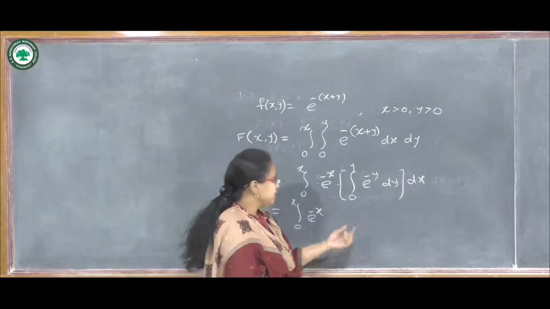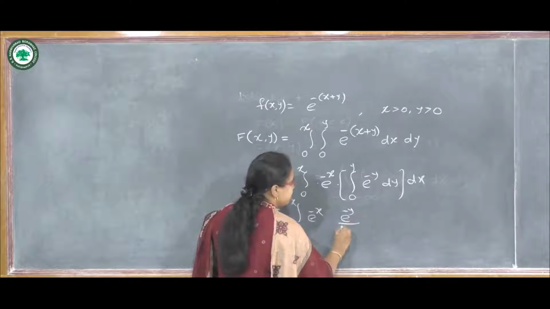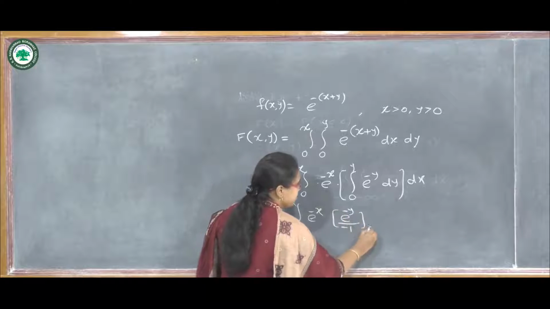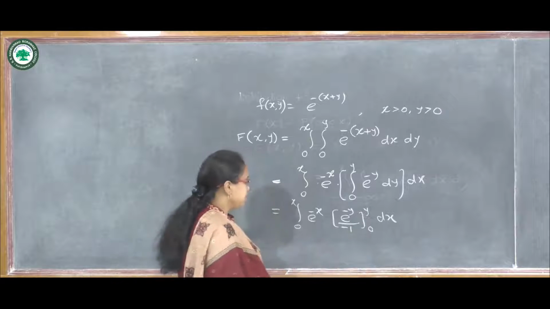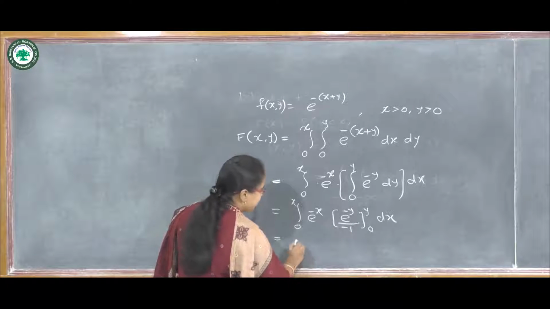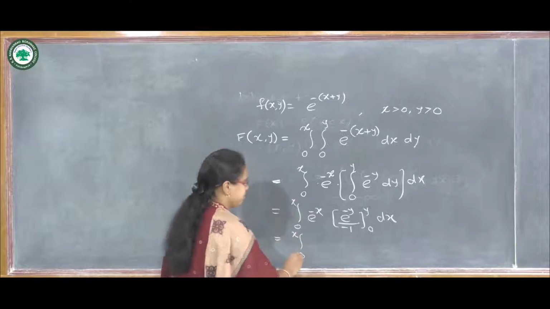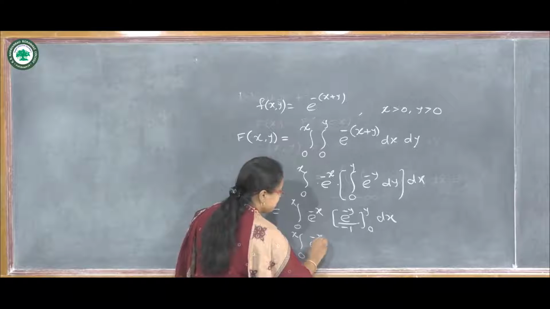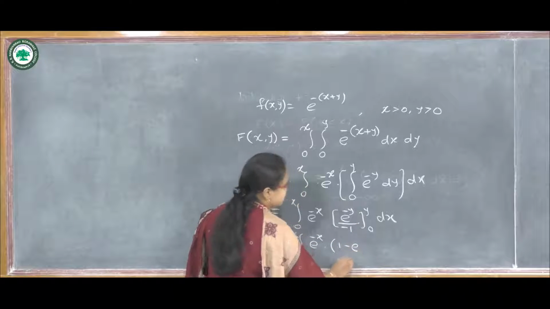We can solve this integration, so this is e raised to minus y upon minus 1, dx. Here we can solve this bracket and finally we will get integration from 0 to x of e raised to minus x into (1 minus e raised to minus y).